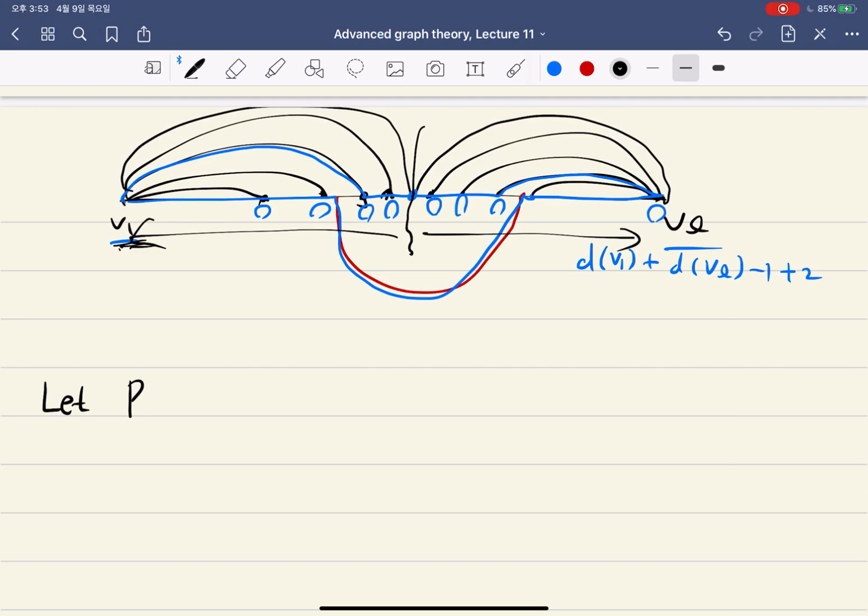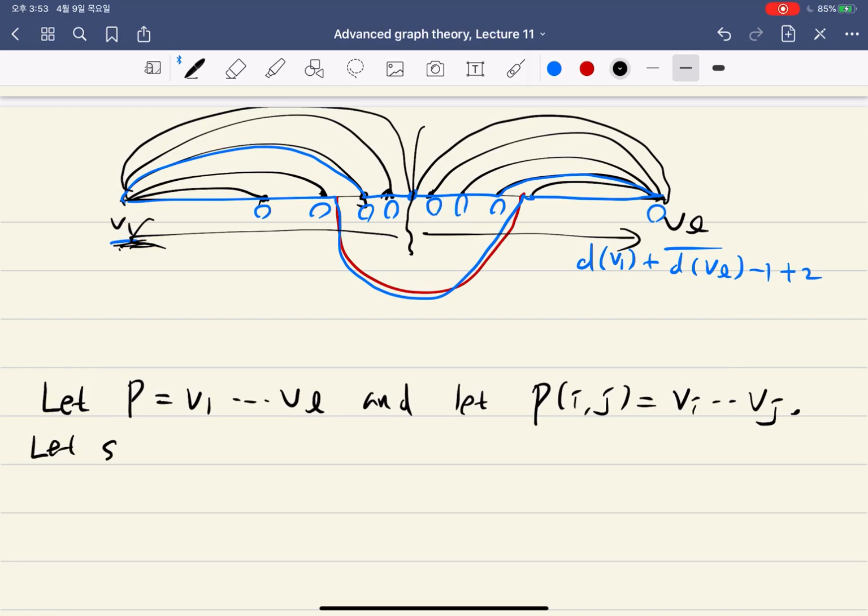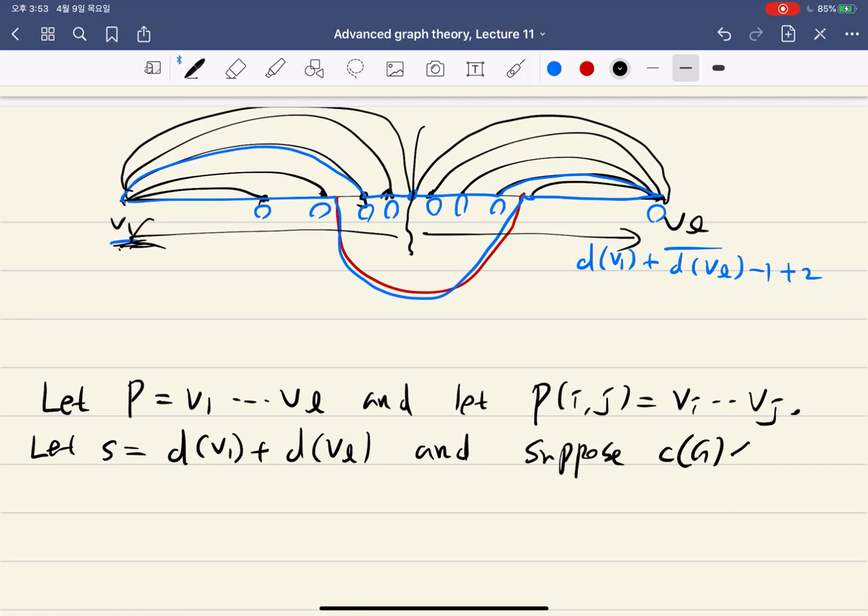So let P be P1 to PL, and let PIJ be PI to PJ. Let S be degree of P1 plus degree of PL, and suppose that the circumference of G is smaller than the minimum of N and S.